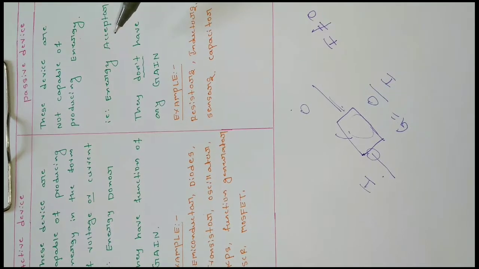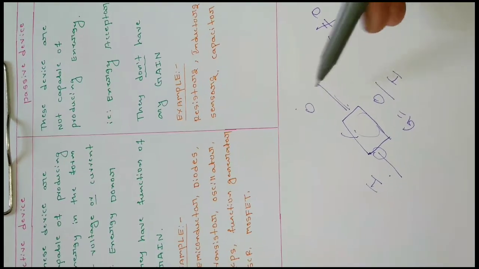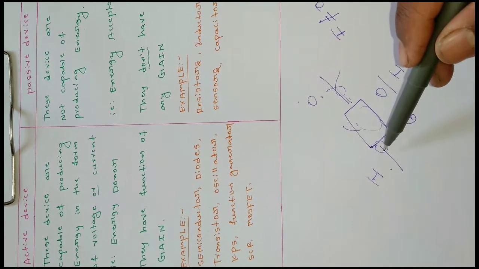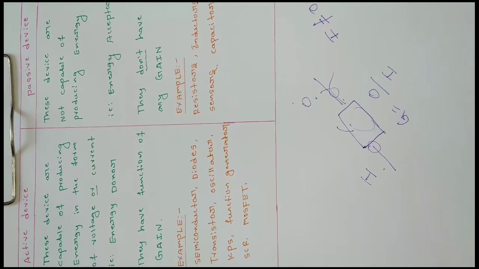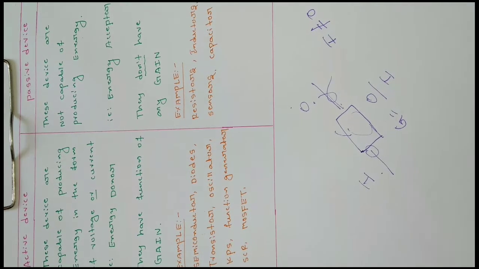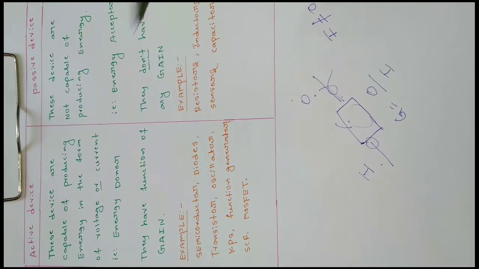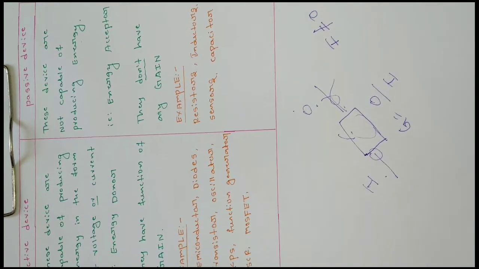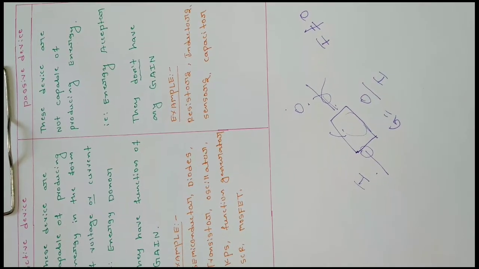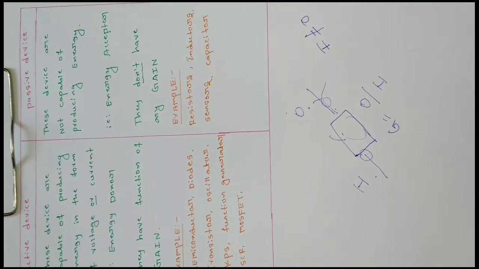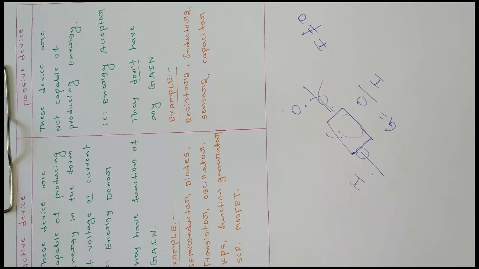But passive devices do not produce any output by themselves when input is supplied to them, so they don't have any gain function. Active devices have a gain because when you give some input, they produce an output which is greater. In passive devices, that is not there.